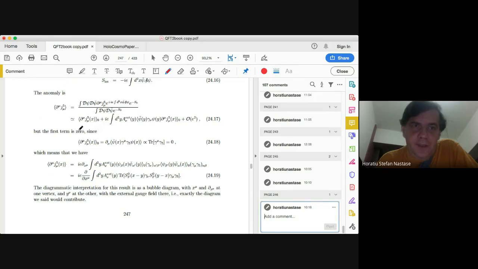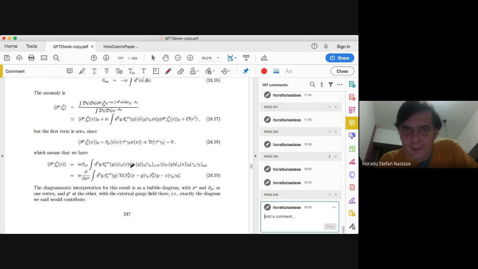So that means that at one loop, the anomaly, the vev of ∂_μ j_μ^5, is just the one loop part. I can peel off the derivative with respect to x because the integral is over y. And then also the integral over y and the gauge field at y.